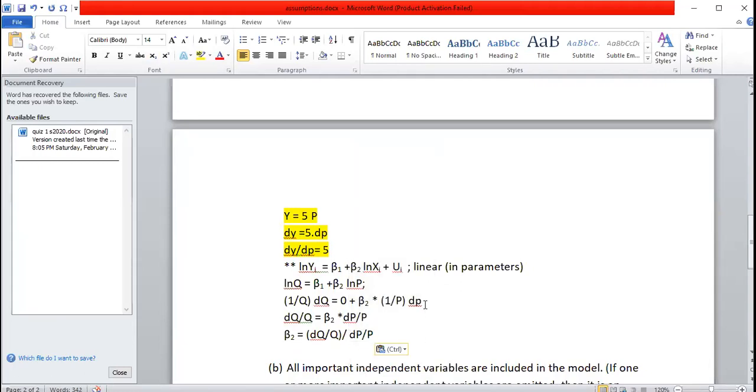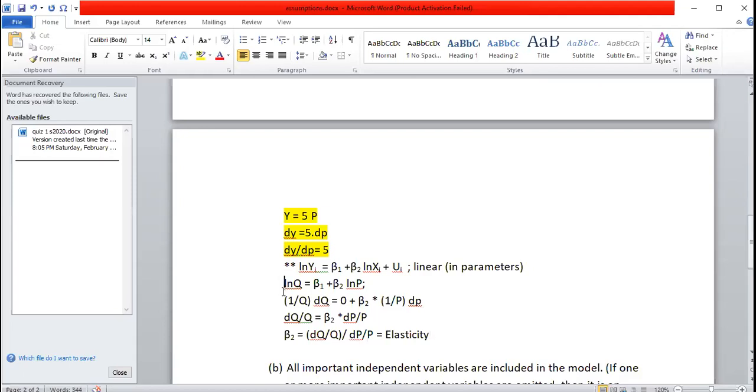Does it look like elasticity? Yes, this is the so-called elasticity. So what is this? If you have quantity demanded on the left hand side, price on the right hand side, then this beta 2 is nothing but price elasticity of demand.